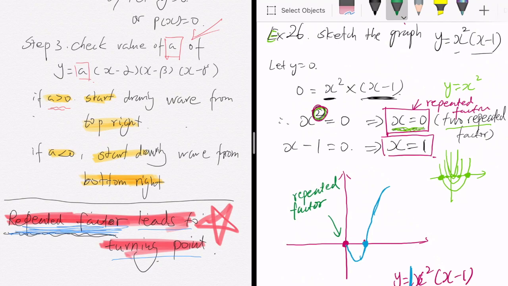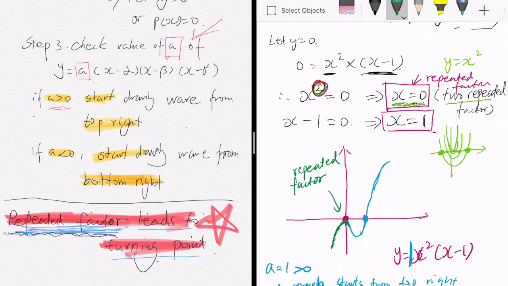So this is my turning point. That tells me as soon as I reach this repeated factor, I need to do the turning. That bends my graph to the other direction. And here is my graph.